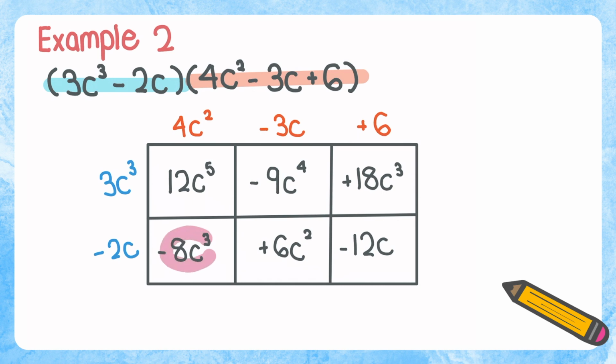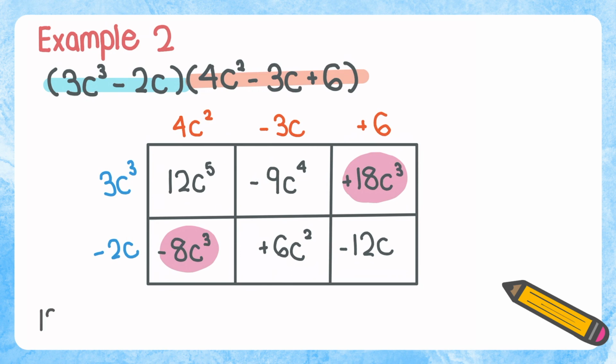Okay, so do we notice any like terms right here? I notice that we have the negative 8c cubed and the positive 18c cubed. So when combining like terms, that's going to be a 10c cubed. Right, so let's write all of this out.